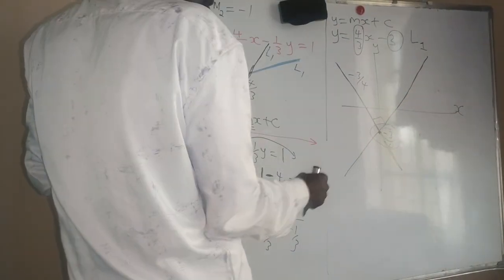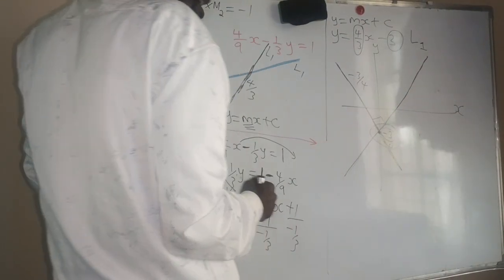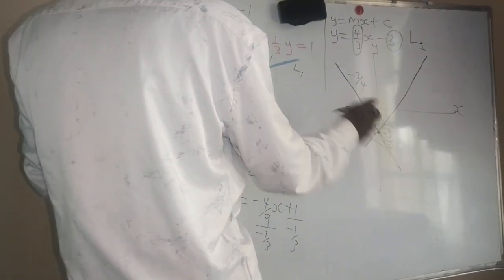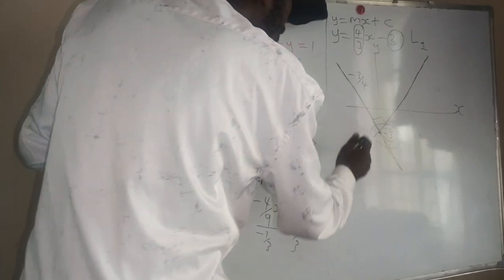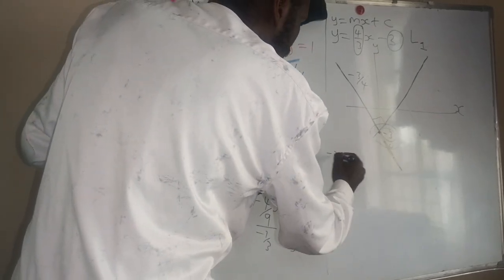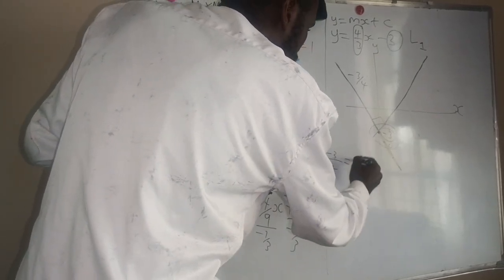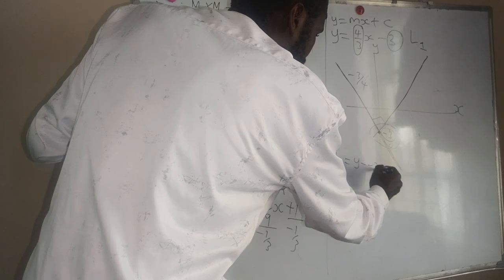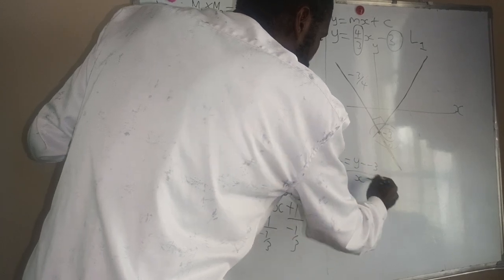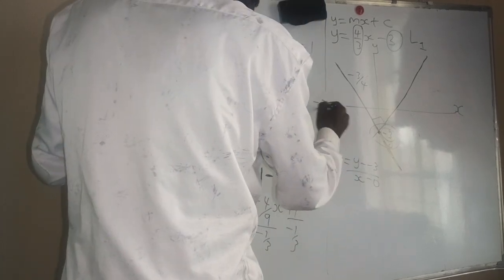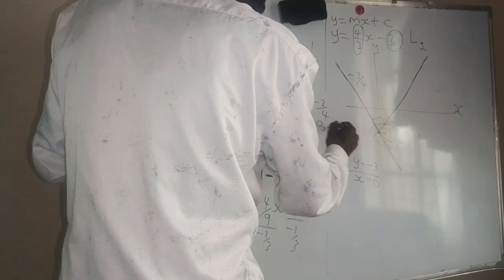So I have a line where the gradient is -3/4 and the coordinates are 0, -3. I can get the equation of that line very easily. I just say -3/4 as the gradient should be equal to y minus -3 over x minus 0.